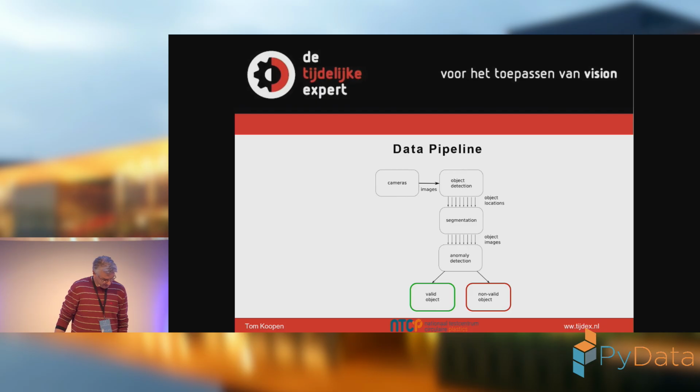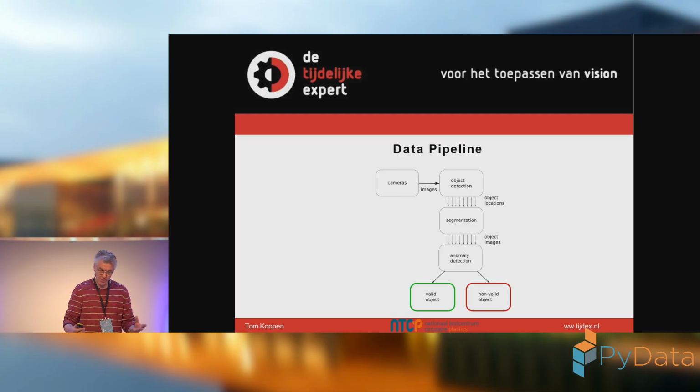The data pipeline that we designed in the end, this is the success story. I should talk about all the failures, I understood this morning, but the success story is this pipeline. We have a camera and we get images from it. The first step is to detect every object that's there, because we want to say something at object level, since there are objects that shouldn't be in there.